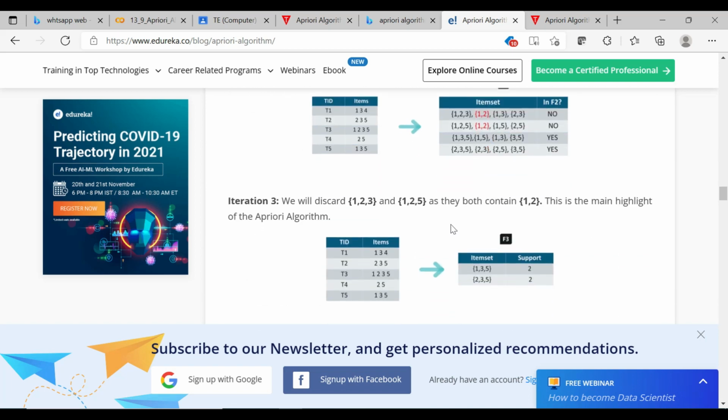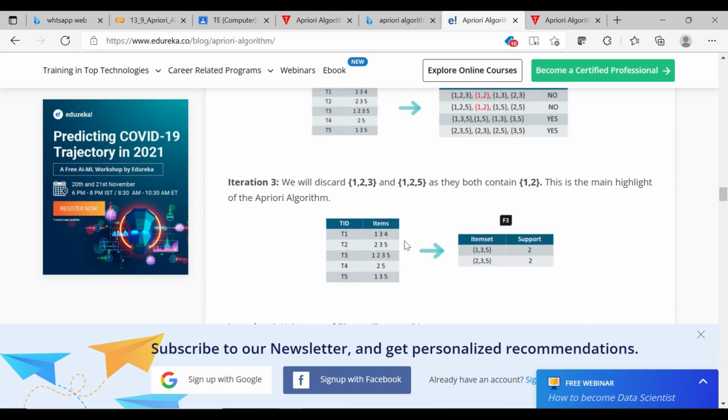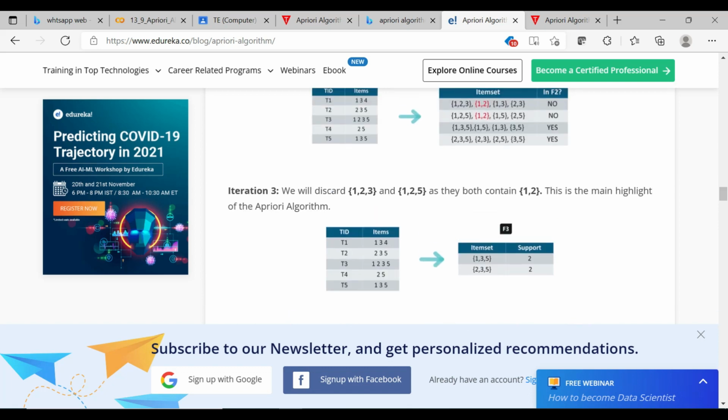Then iteration 3. So we will discard 1, 2, 3 and 1, 2, 5, these two subsets, and they both contain the subset 1 and 2. This is the main highlight of the Apriori algorithm.